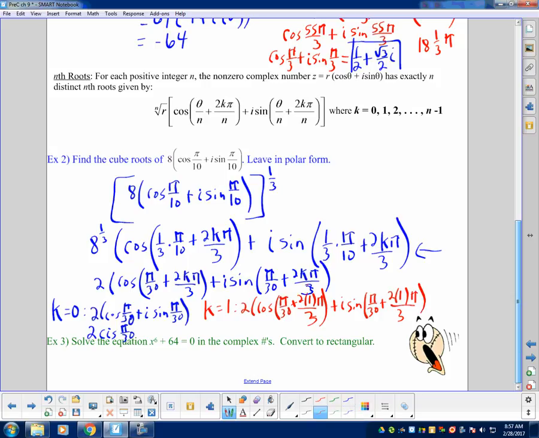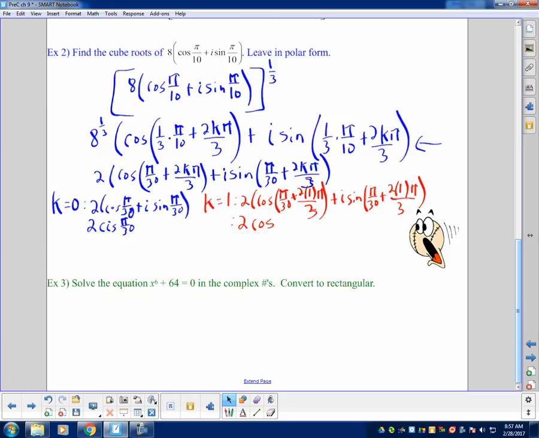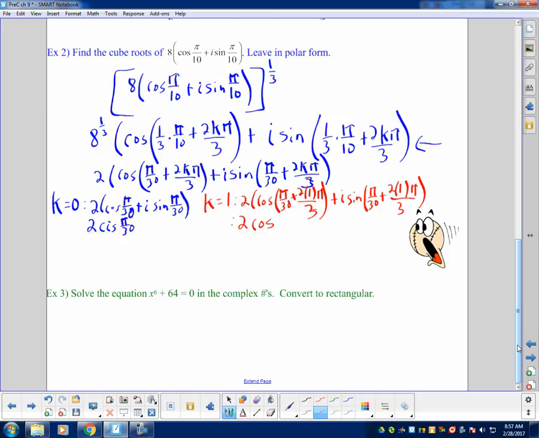So what does that equal? So we have 2 cosine of, you have to take pi over 30 plus 2 pi over 3. I know you'll love this. How do we add pi over 30 and 2 pi over 3?